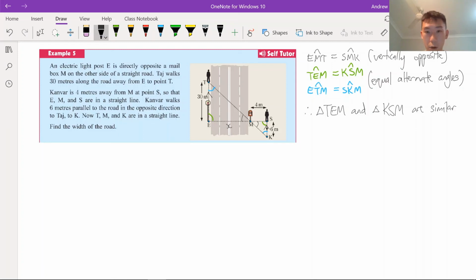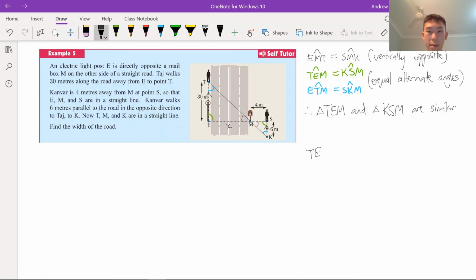They have the same scale factor. So now we can use that to find x. Okay, so let's use some sides. So if I go TE, alright, so the side TE corresponds to the side KS.